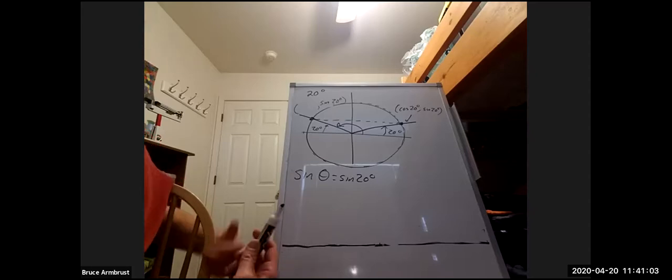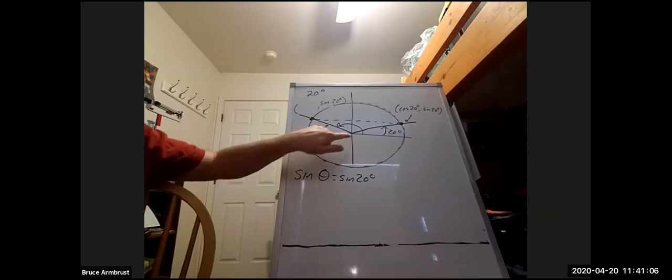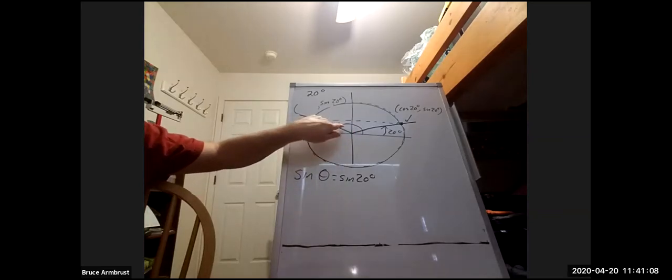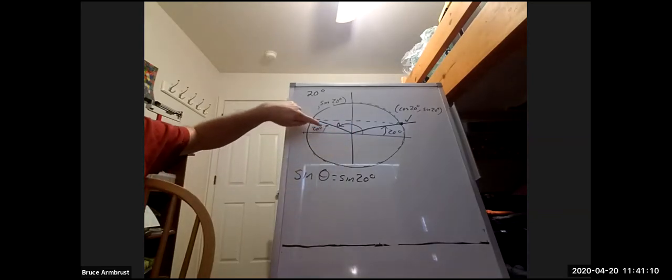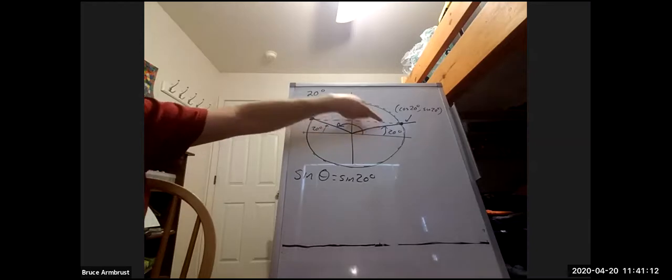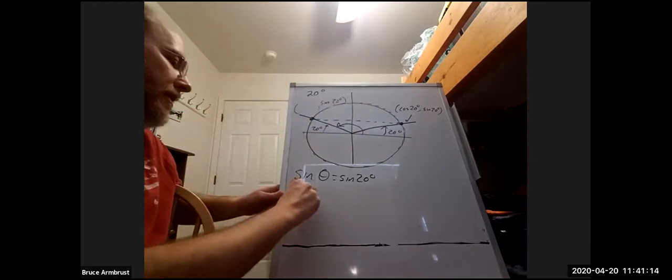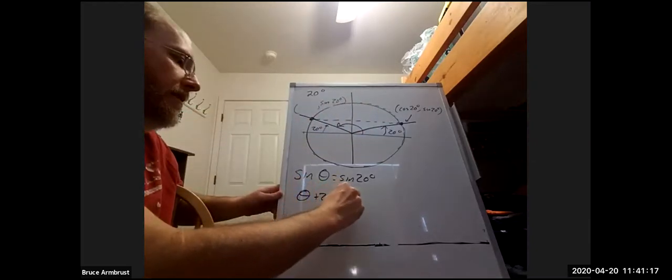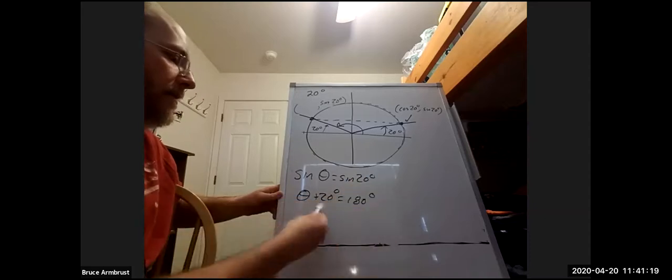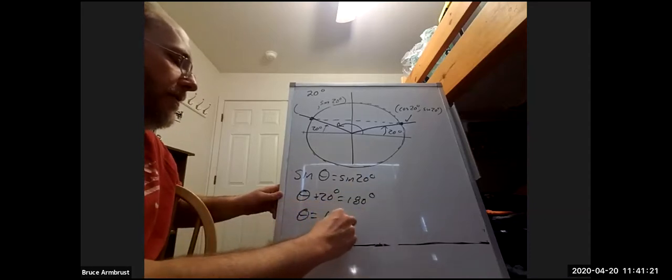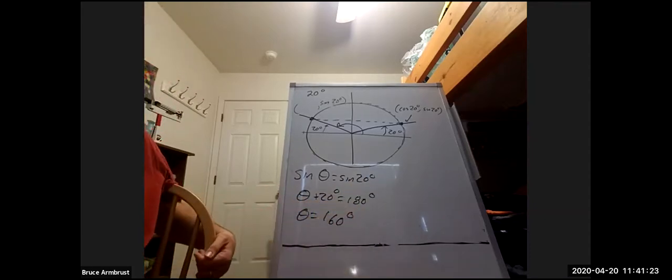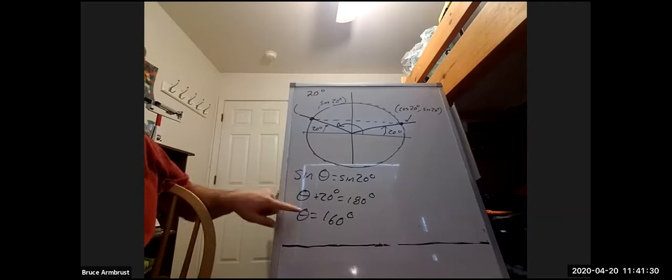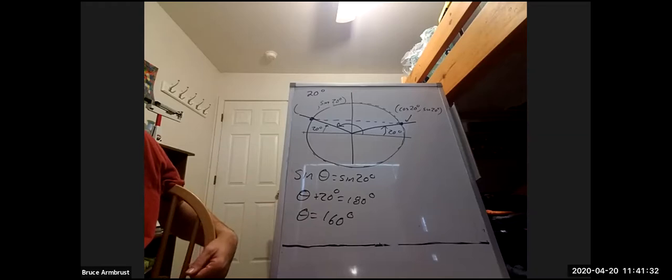All right, so again, remember what we're looking for. We need this theta, whatever that happens to be, plus 20 degrees has to end up being halfway around. So we know that theta plus 20 is going to equal 180. So if we subtract that off, we get 160 degrees. So it turns out that the sine of 160 degrees is the same as the sine of 20 degrees.